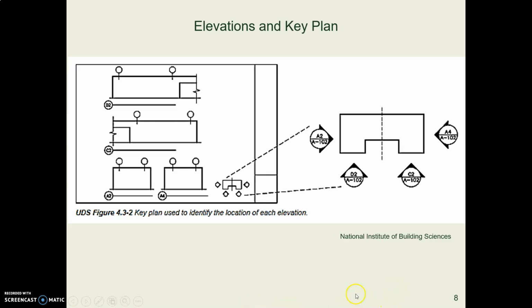This is from the National CAD Standard, and it's showing how you could have a key in a small plan view, and around the key you could have these view arrows showing the reader what page to turn to find the elevation, and then which elevation number refers to which particular side of the building, just so there's no chance of getting mixed up.